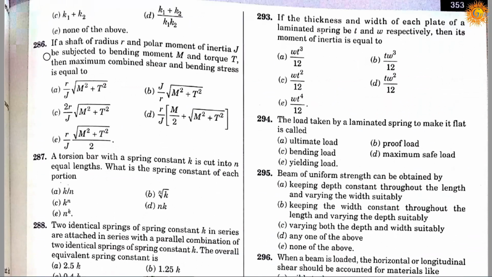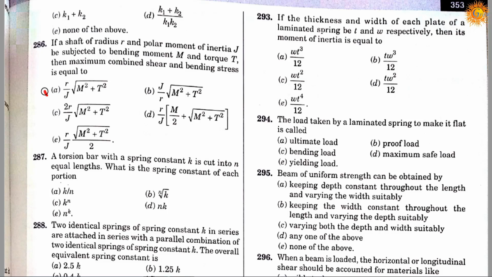Question number 286. If a shaft of radius r and polar moment of inertia J be subjected to bending moment M and torque T, then maximum combined shear and bending stress is equal to: option A, R upon J under root (M square plus T square); option B, J upon R under root (M square plus T square); option C, 2R upon J under root (M square plus T square); option D, R upon J times [M divided by 2 plus under root (M square plus T square)]; and option E, R upon J under root (M square plus T square) divided by 2.